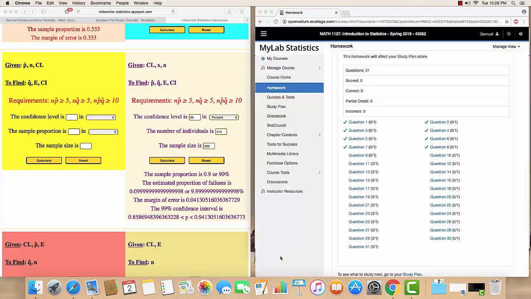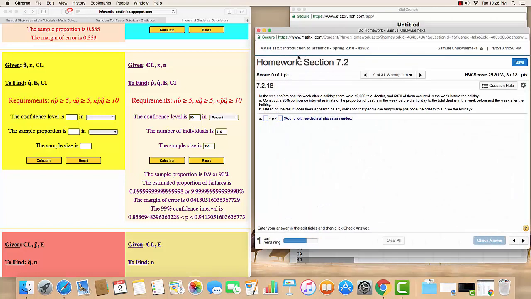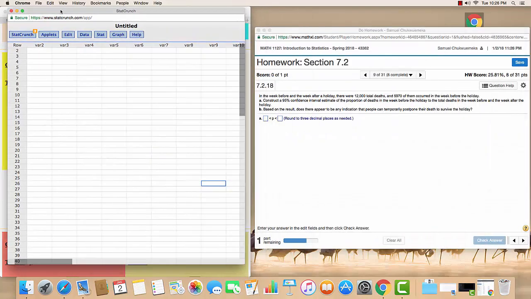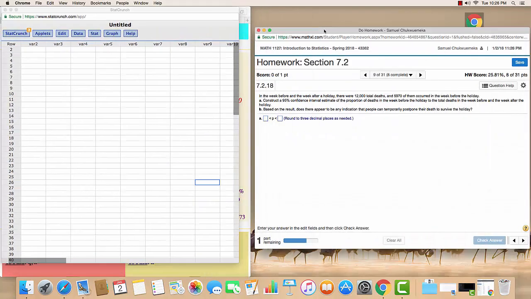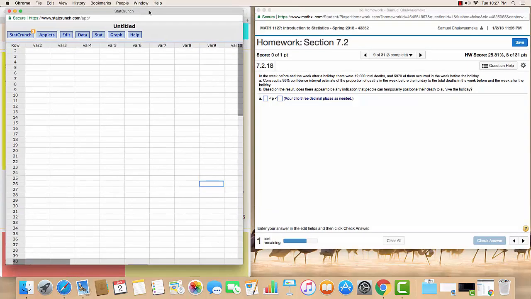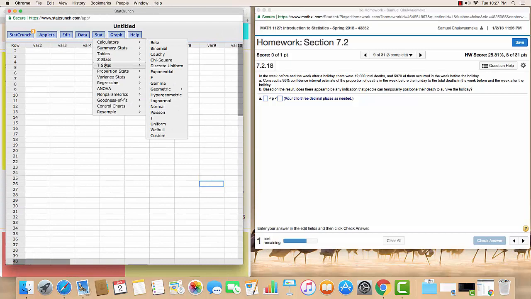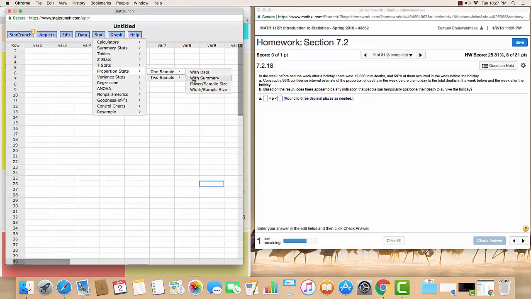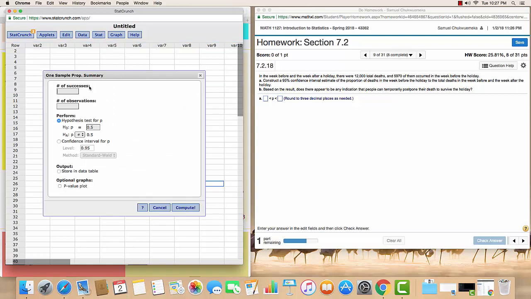I'm going to use StatCrunch. We're going to go to stats, proportion stats, one sample with summary. Number of successes in this case is 5970. Number of observations is 12,000.